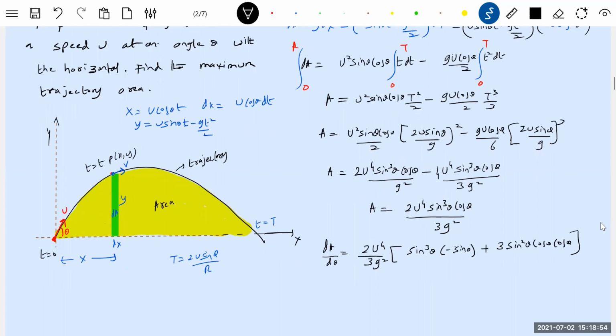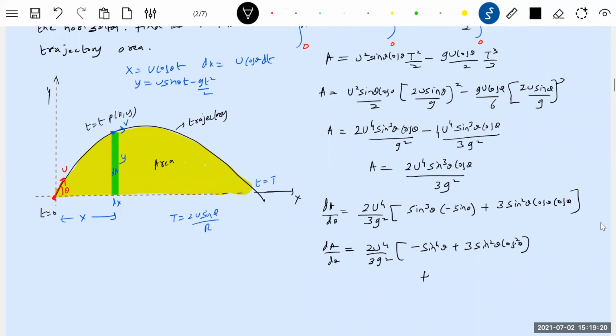So this will be further minus sine to the power of 4 theta plus 3 sine square theta cos square theta. We have to maximize area, so dA by d theta to be 0 for A to be maximum. You check the second derivative, it will be negative. We'll end up with a negative second derivative. So therefore a maxima will exist here.